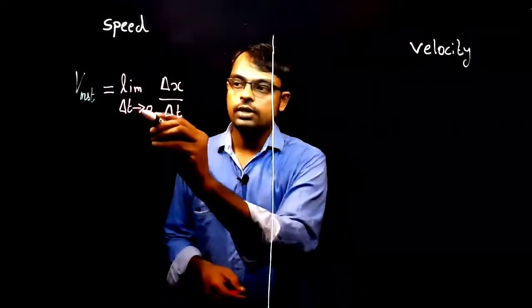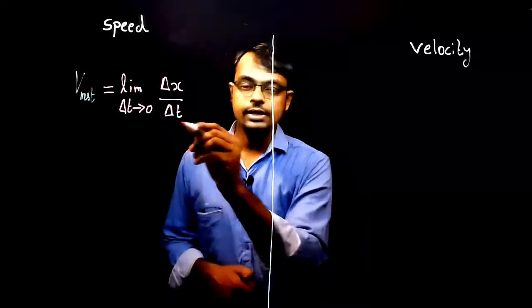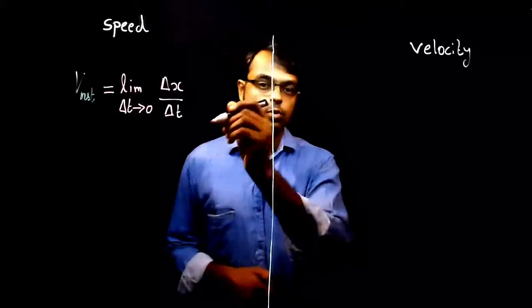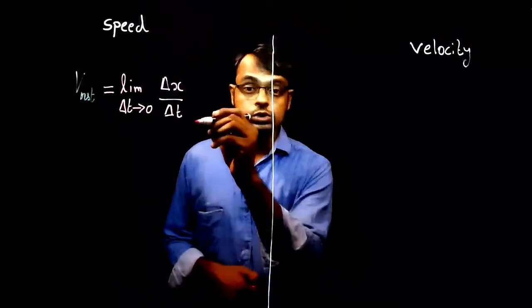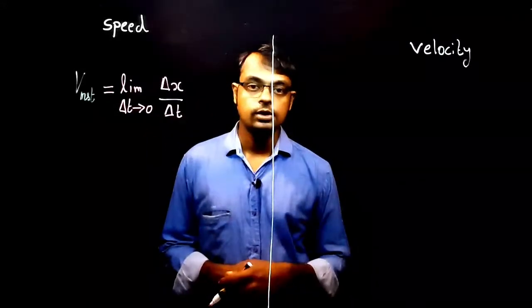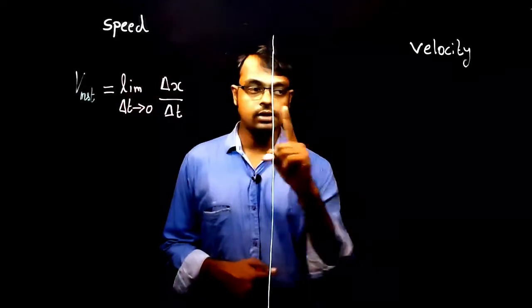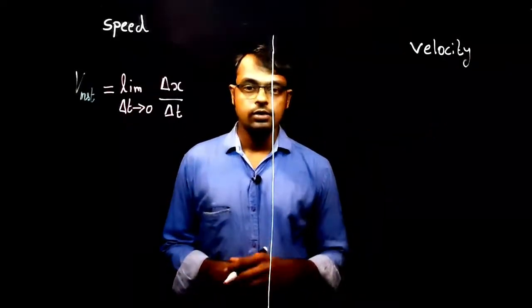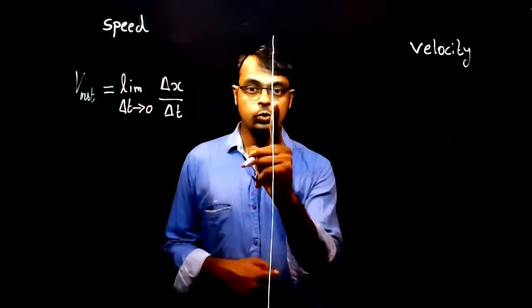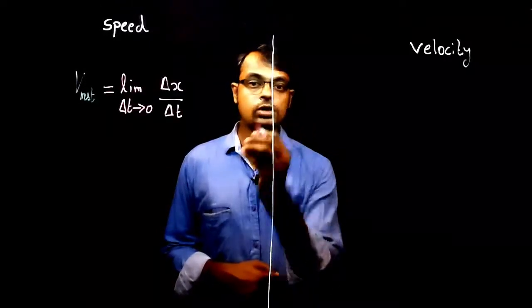What is the meaning here? Limit delta t tends to 0. Here, delta t tends to 0 means the time interval is too small. It is moving towards 0. It doesn't mean that the time interval is 0. As I mentioned in the last example, when you are looking at a fast moving car coming exactly to your position, you see the car's position in a very small time interval.